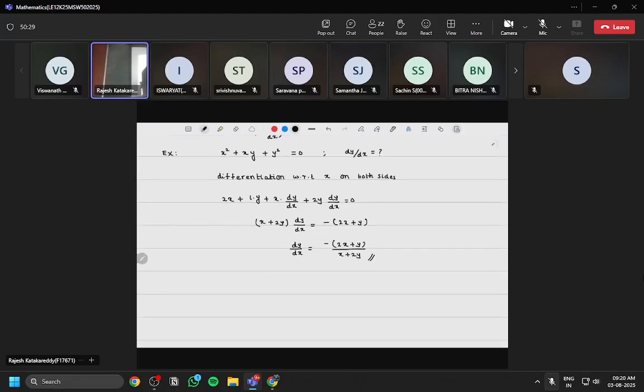For an implicit function differentiation, dy by dx is equal to minus 1 into differentiation with respect to x treating y as constant, divided by differentiation with respect to y taking x as constant.